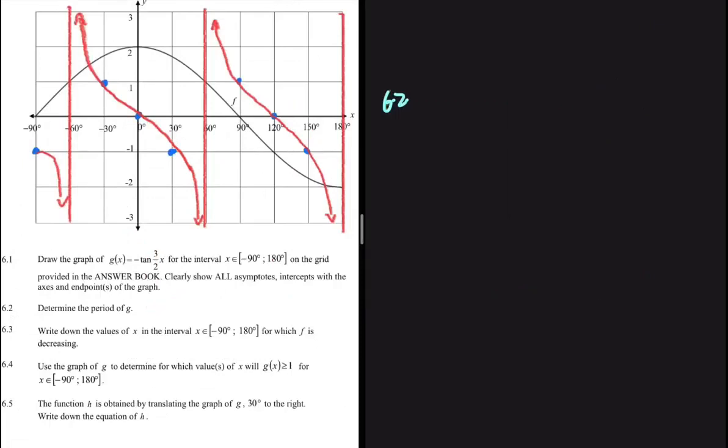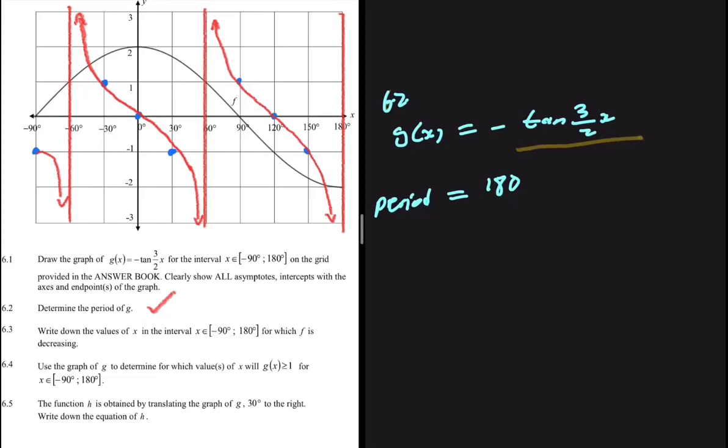We're supposed to determine the period of g. First of all, g of x is equals to minus tan of 3 divided by 2x. And now we're looking for the period of g of x. The period of tan of x is equals to 180. But we don't have tan of x, we have minus tan 3 divided by 2x.